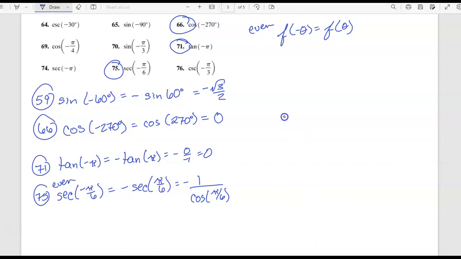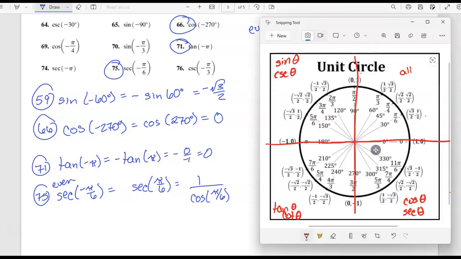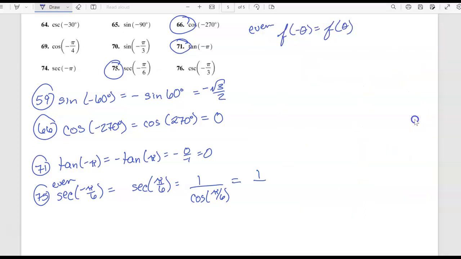So secant of negative pi over 6 is the same thing as secant of positive pi over 6, which is 1 over cosine of pi over 6. And the cosine of pi over 6 is square root of 3 over 2. That's 2 over square root of 3, or 2 square root of 3 over 3, if we rationalize.